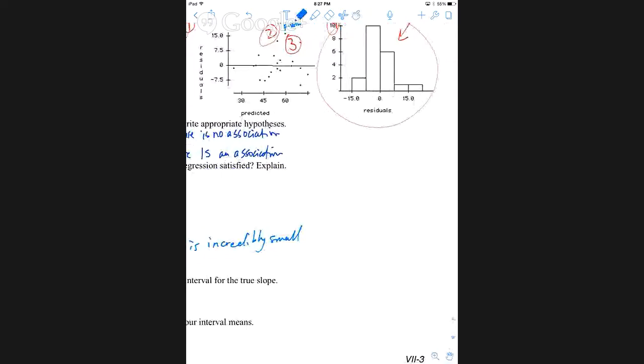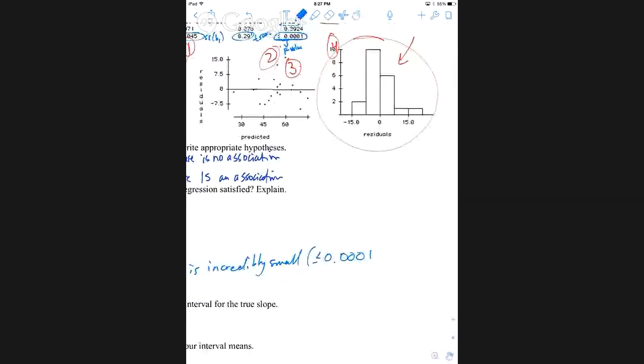Okay, what's the p-value? It is less than, in fact, it's so small, it's less than 0.0001. And I got that from here. We reject the null hypothesis.